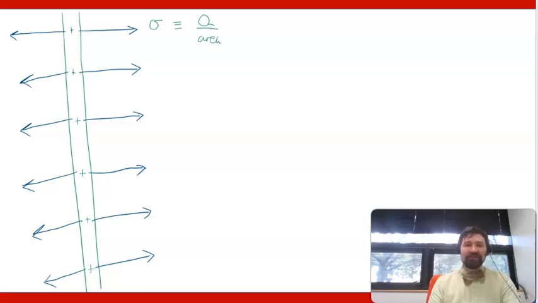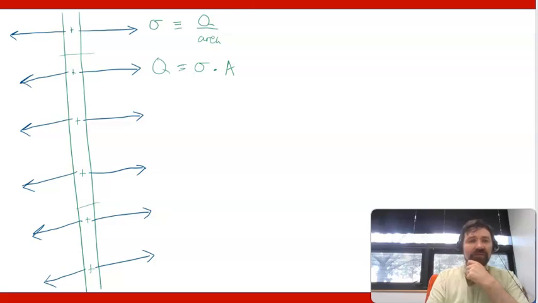So essentially, like if I were to section off a piece of the plane and a particular area of the plane, how much charge would I have? Well, the answer is Q is equal to sigma times area. So writing it a little neater, you get something like this.